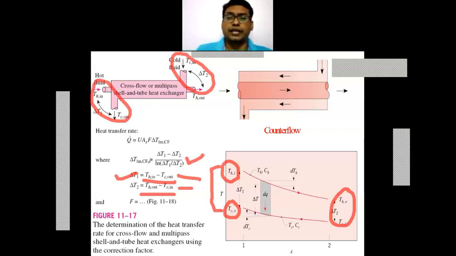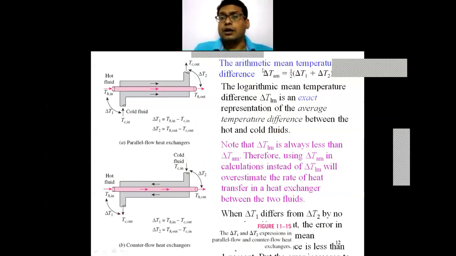So the formula of delta TLM is equal to delta T1 minus delta T2 upon ln of delta T1 upon delta T2. Now the arithmetic mean temperature difference is calculated as delta TAM, which is equal to half the temperature differences on one end and the another end.